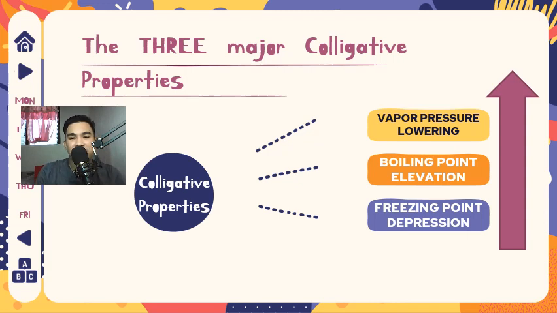So for example, in vapor pressure lowering, it lowers even more, while the boiling point elevates more, and the freezing point would decrease more compared to what non-electrolyte solutes can do.